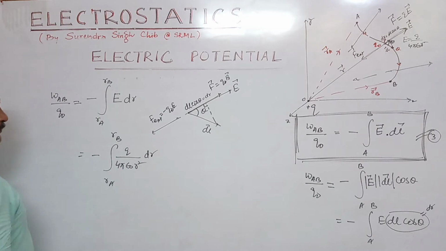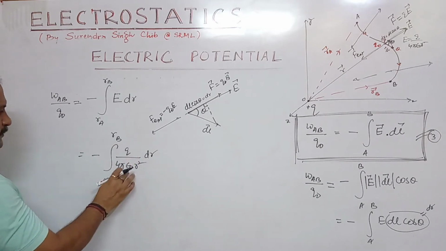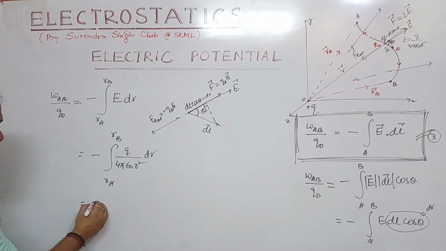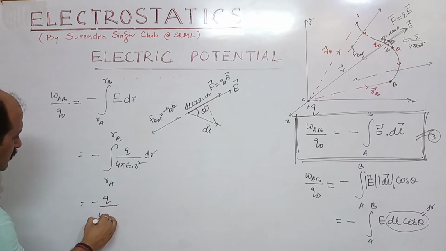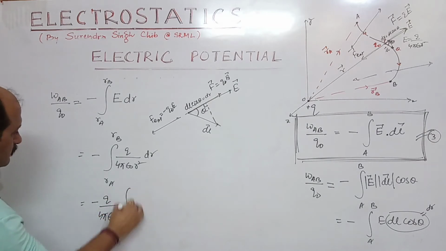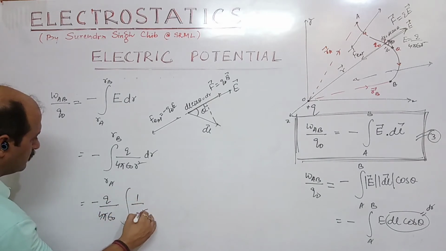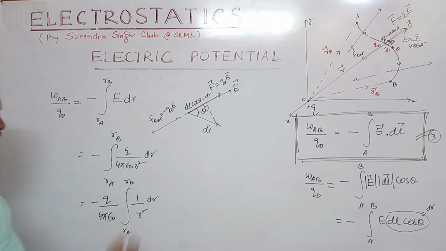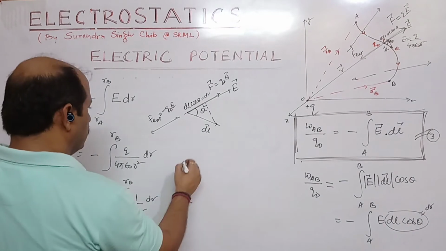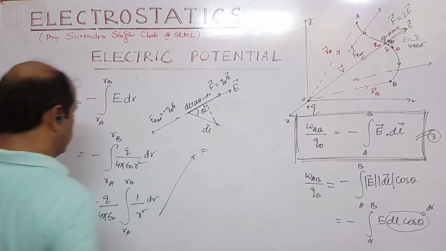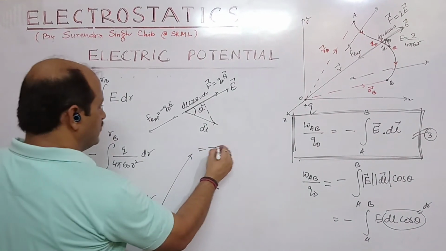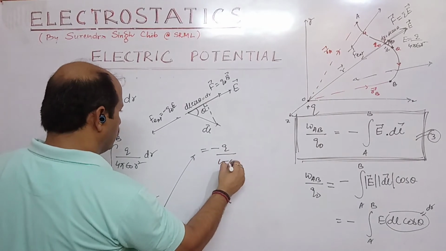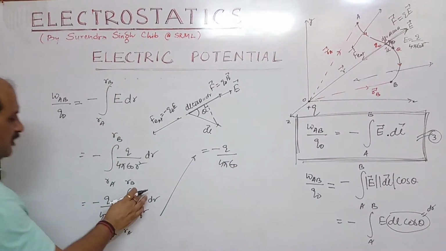Since Q is constant and 4 pi epsilon naught is constant, take it out. Minus Q upon 4 pi epsilon naught, integral of 1 upon r square dr from r_A to r_B. What is the integral of 1 by r square?